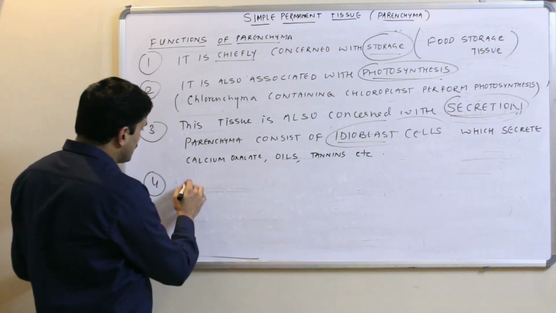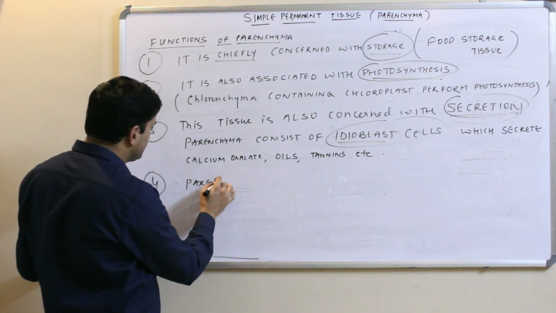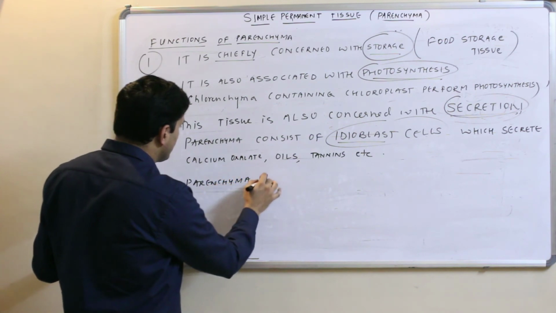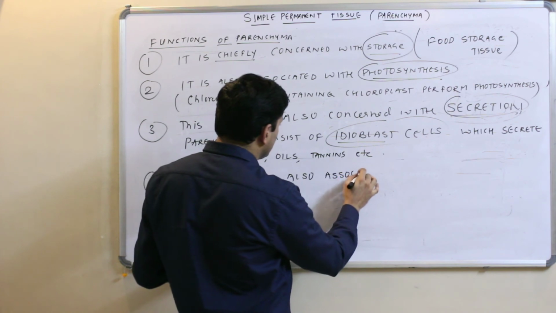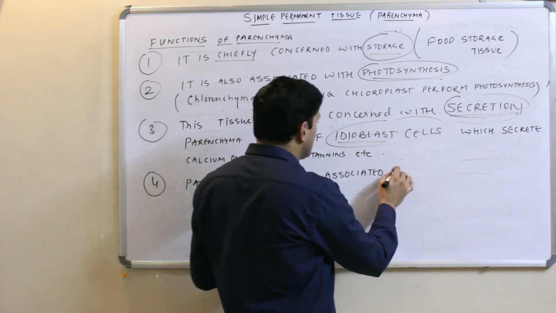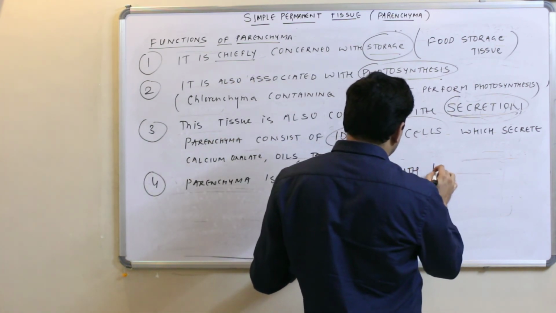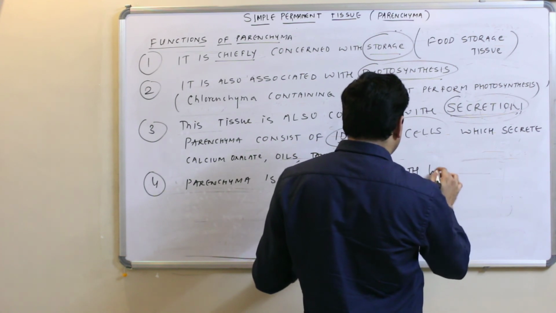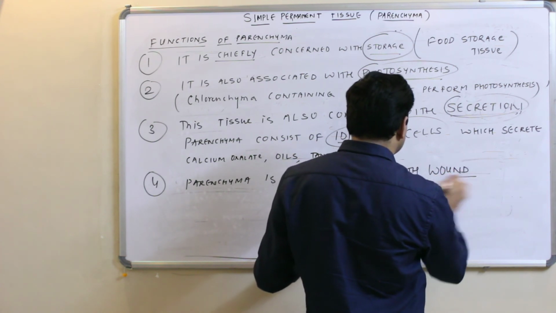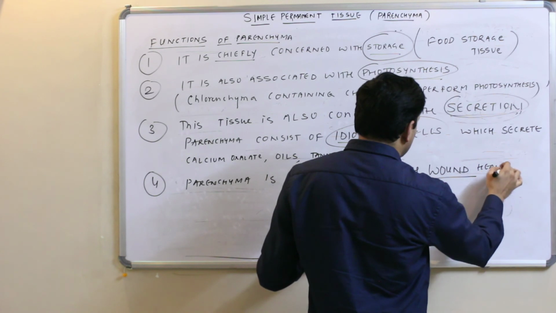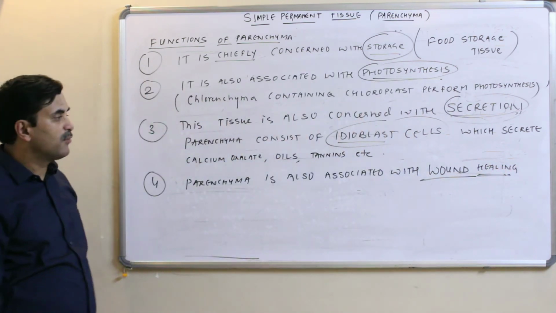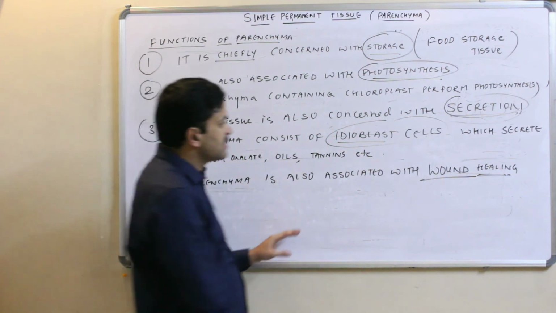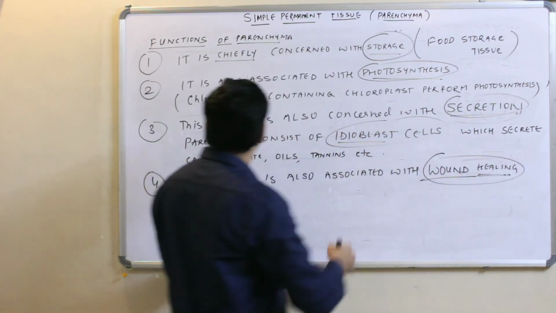Fourth point, parenchyma is also associated with wound healing. Means it can heal the wounds after injury. So it is also concerned with wound healing.